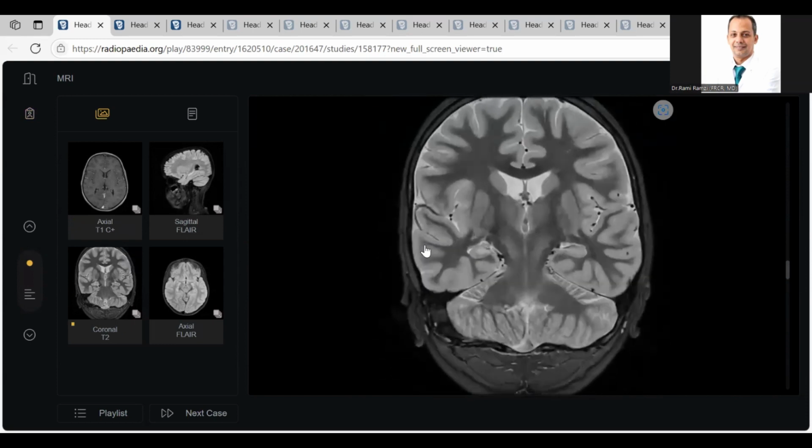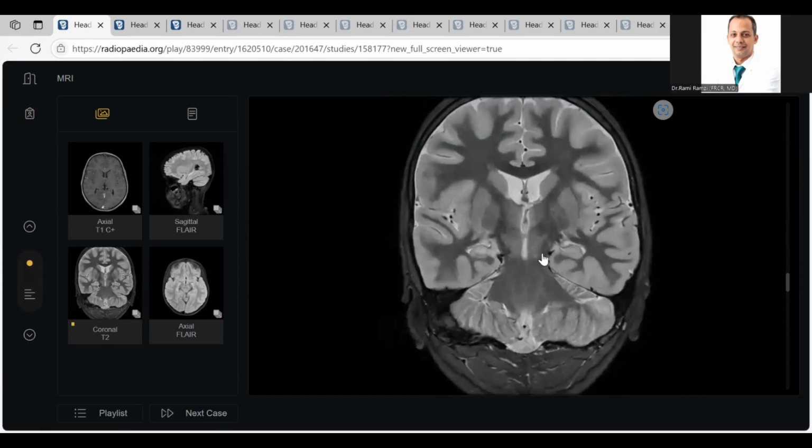This is not typical, just there are some signal abnormality here in comparison to this mesial temporal lobe here. But according to the history and the patient's age, you didn't have any other signs to talk about. So your diagnosis must be, doctor, this looks like, or mostly a right mesial temporal sclerosis.